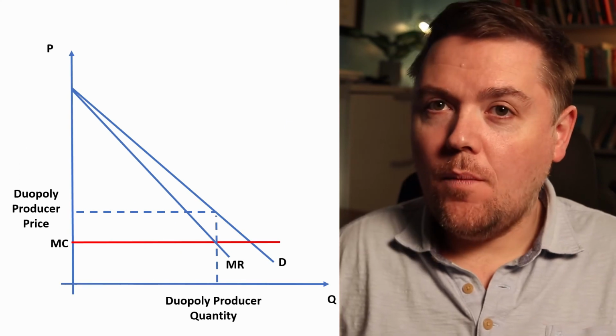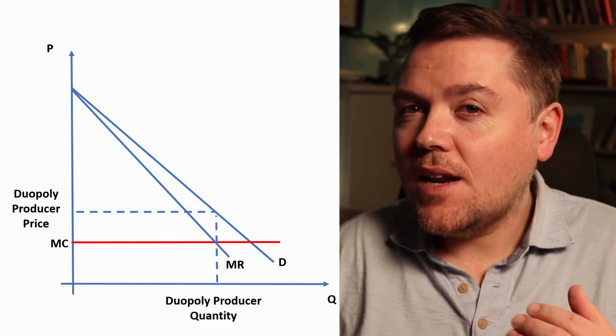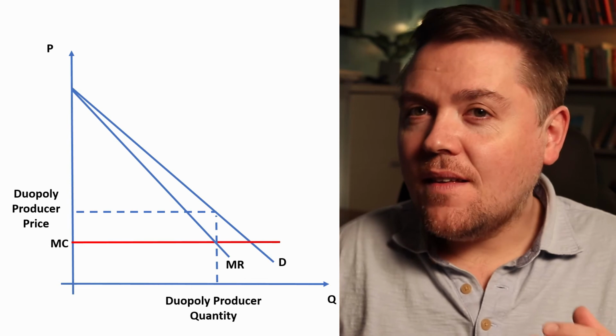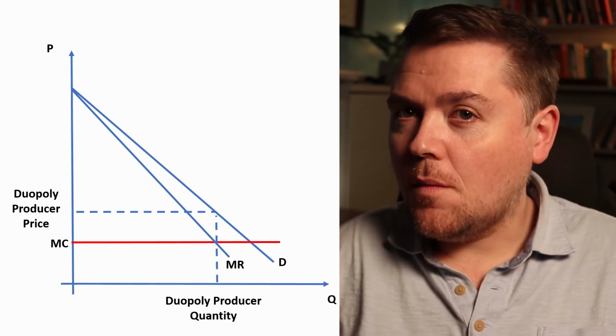In the monopoly problem, the single price monopoly producer has to lower the price to everybody to sell more of their good, leaving their marginal revenue well below the price that they charge. In the duopoly problem, the marginal revenue is just a little bit closer to the demand curve, meaning that the price is closer to the firm's marginal revenue.